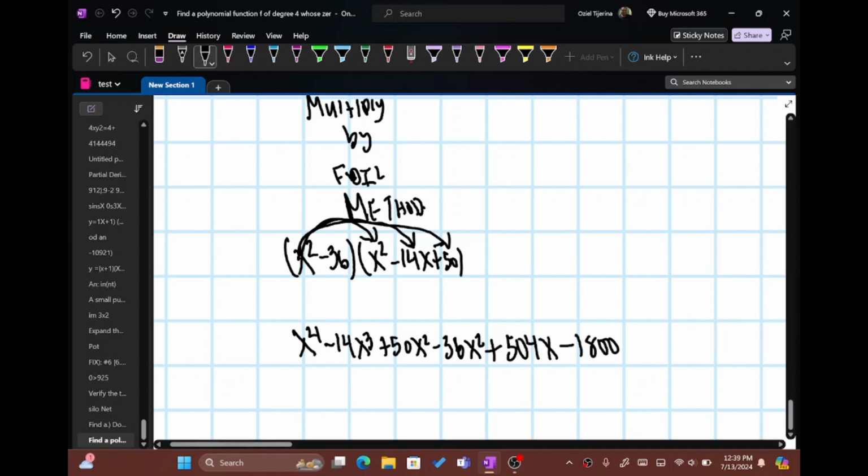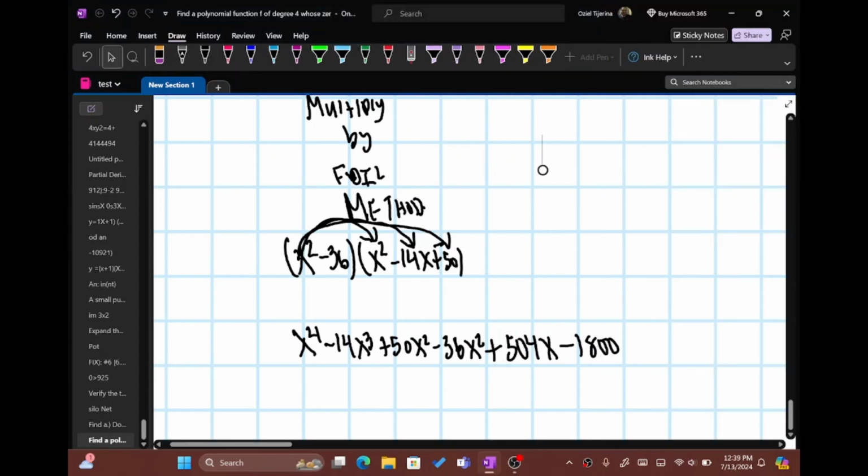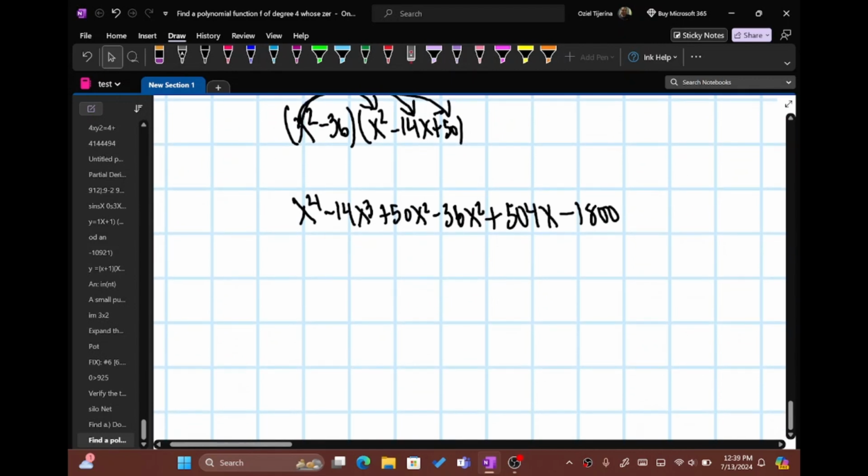I wanted to make sure when I did it on the paper, it was switched around, but it's still the same thing. So we're going to finally have x to the 4th power minus 14x cubed. We want to combine our like terms: 50x squared minus 36x squared is going to be plus 14x squared.